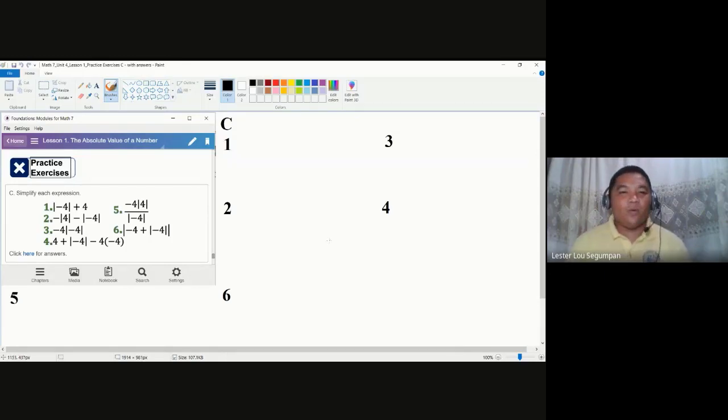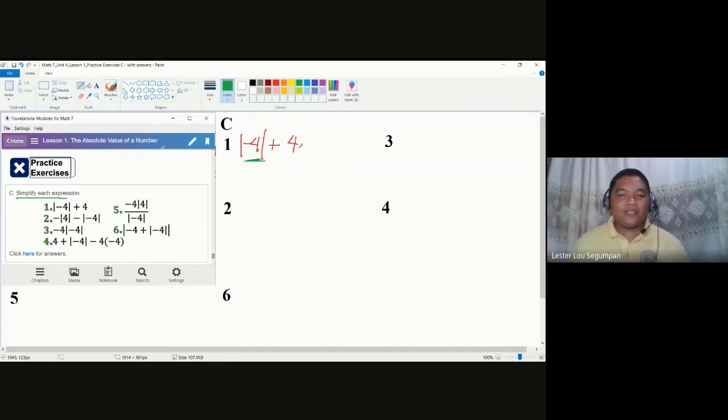Let's go to number one. Let us copy it here. So you have here the absolute value of negative 4, plus 4. The difference of this example from the previous example is that after you simplify this absolute value notation, because the task is to simplify the expression, you still need to add it to a rational number outside.